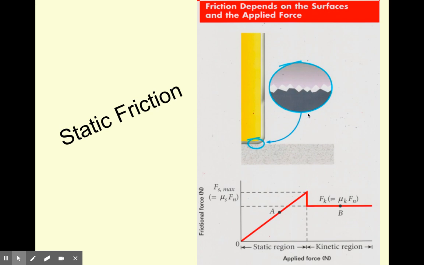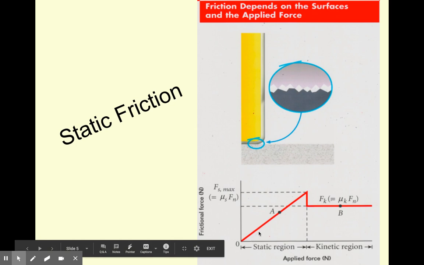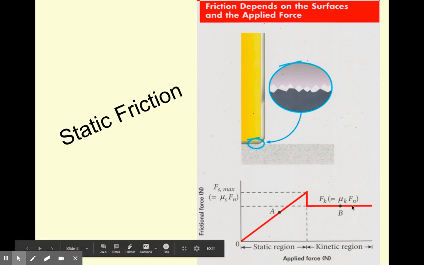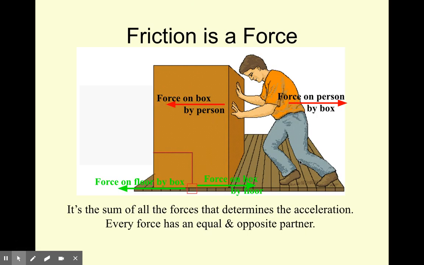So when it goes over there, we know that with static friction there's got to be some force. Static friction will be more and more until the point where the book starts to move, and then we're going to have a nice constant amount there. So sum of all the forces again.